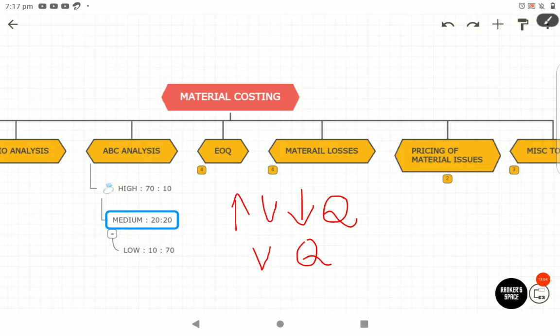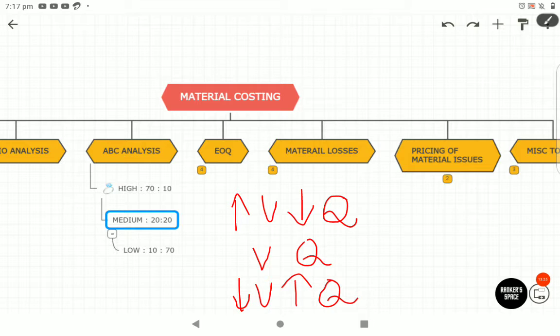You won't buy one orange and keep it at home, just like your diamond rings. So your quantity will be more in the case of low value. Quantity will be high, but value will be less, not as costly or valuable as a diamond ring. That is what they are telling here.